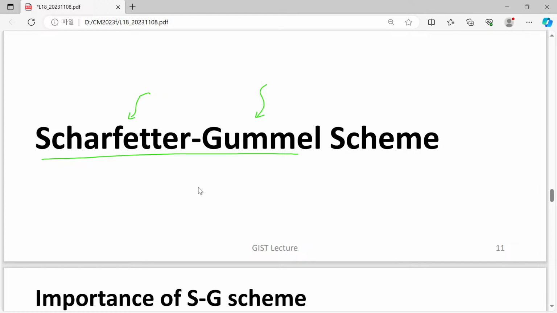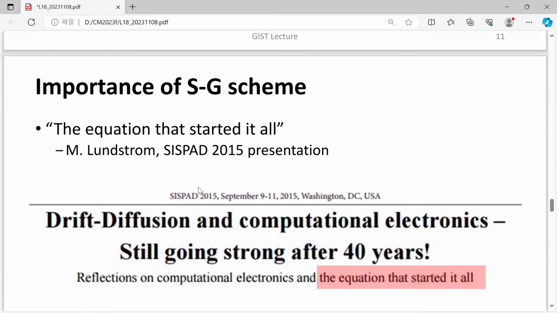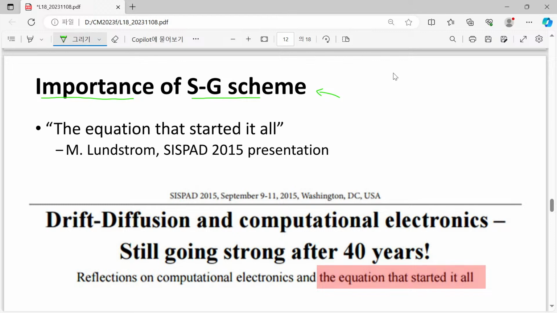However, before wrapping up today's lecture, I just wanted to stress the importance of the Scharfetter-Gummel scheme. That scheme is the fundamentally important discretization scheme of TCAD simulation.